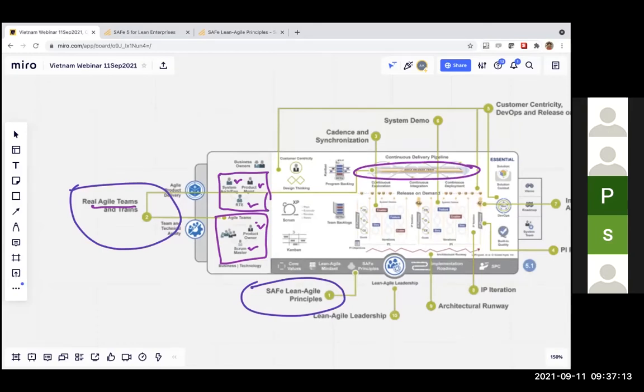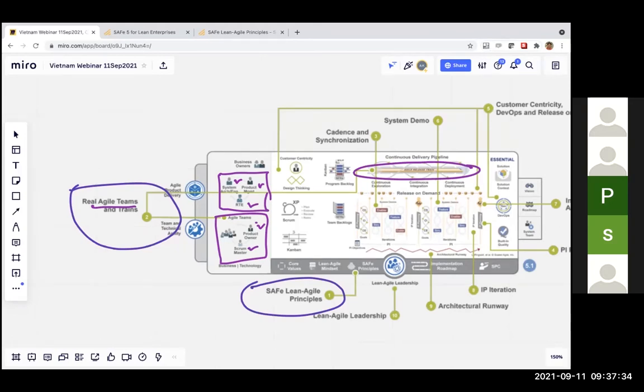Not from a badging perspective, but from a responsibility or activity perspective, what would be the change expected here? Yeah, if you are team facing, you would play a product owner role. If you are business facing, you will be playing a product manager role. That's where I would put you.